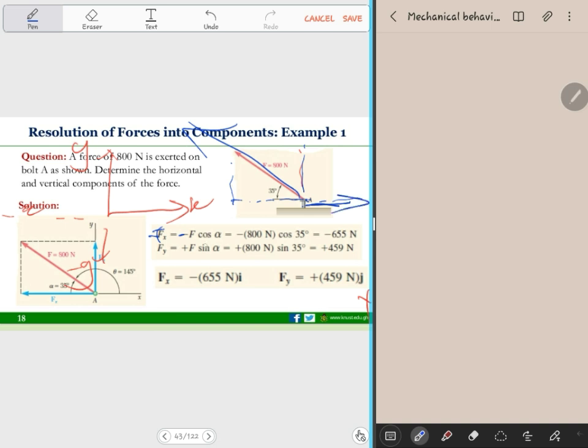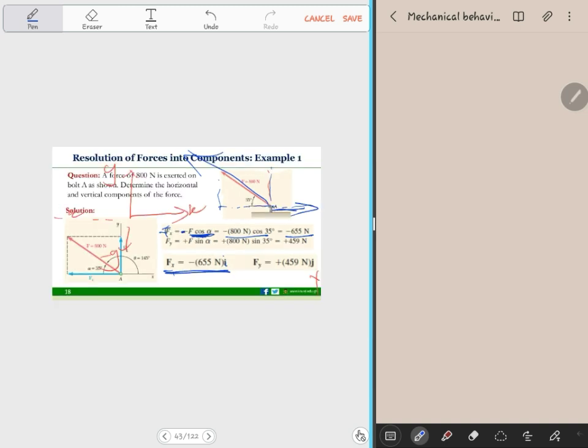To get the magnitude of the force, that's what we have, F cos A. So this negative gives the direction, whether it's aligned with the coordinate system or not, and this F cos A gives the magnitude. Finally we get this Fx. But then this i here is trying to tell us where we are in the coordinate system. That's all. The same thing for the j. Okay, so that's what's happening here.